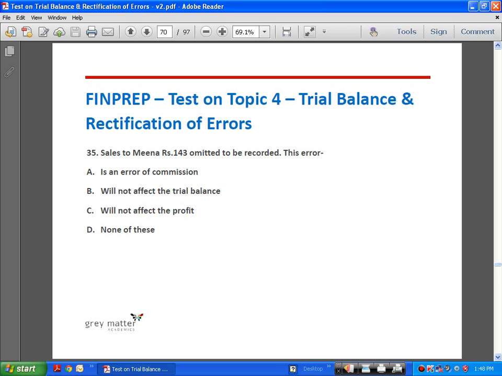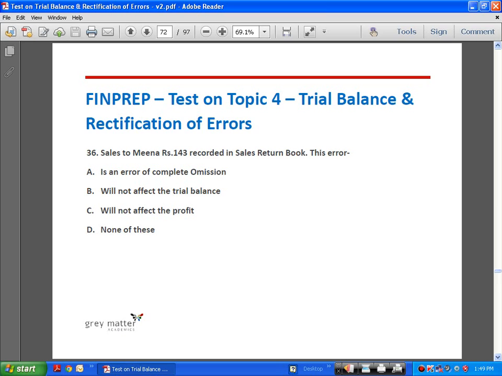It's an error of complete omission. It will not affect the profit. None of these. So the answer is that it will not affect the trial balance, because it will affect the profit, as sales has been omitted and the profit will be understated because of this error. So the statement saying that it will not affect the trial balance is the correct statement. So answer is B.